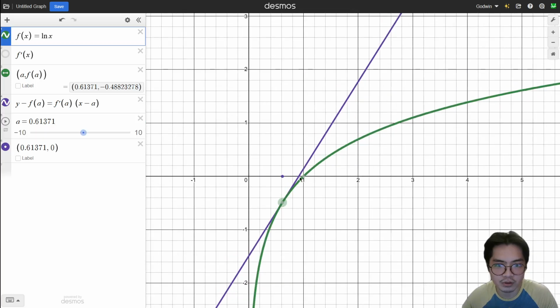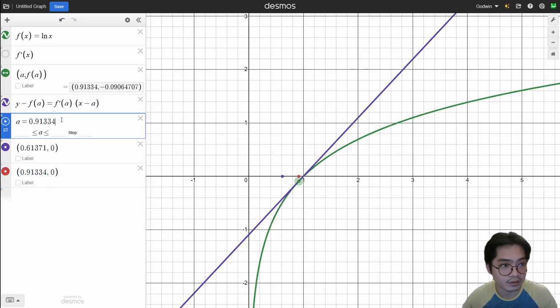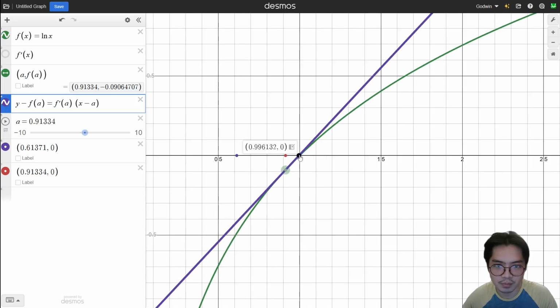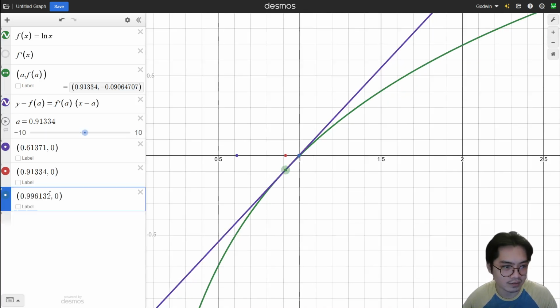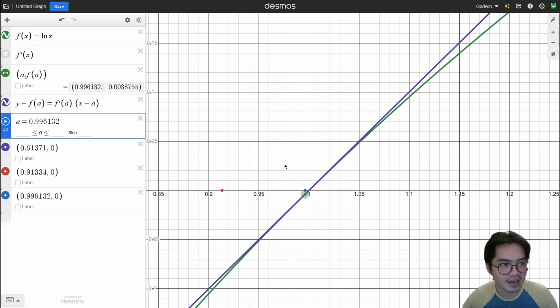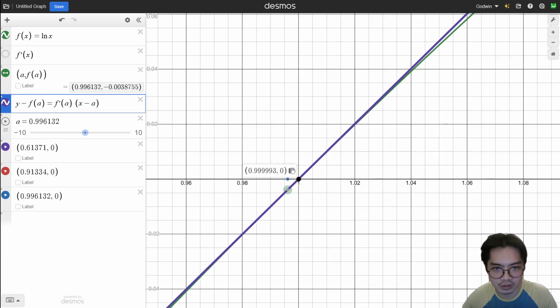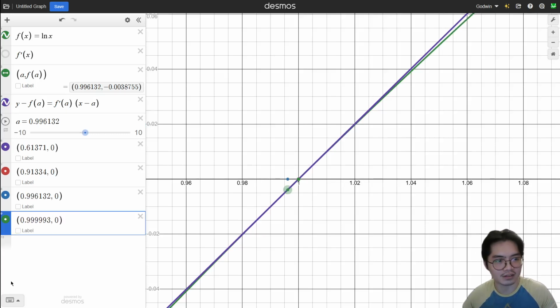I mean, it's going to arrive at that answer, 0.91344. And yeah, it's going to get pretty close to 1. Yeah, very quickly. So there you go. So it's only for very select kinds of equations. There it is. It's going to go to 1.